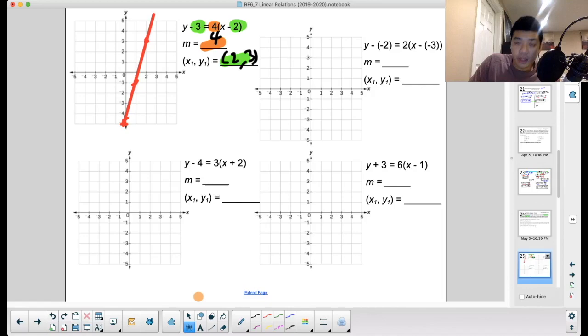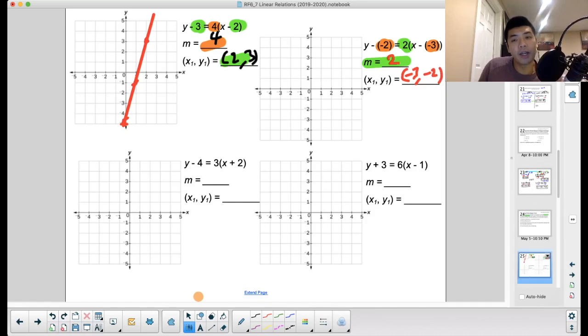So we're going to try out example number 2. We know that our slope is just a 2 here, and we've got our point in this case, which happens to be -3, -2. Your slope, like we said, was a 2.